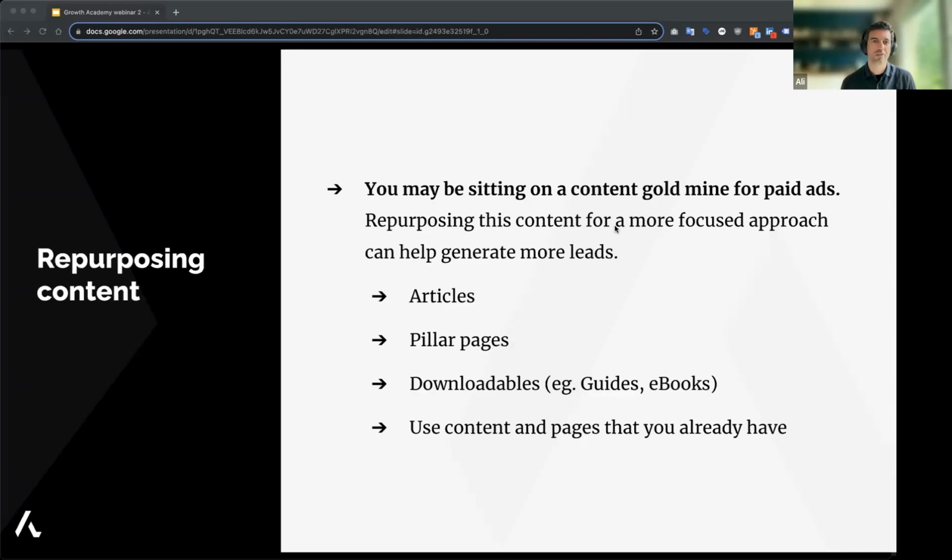You need to spread the word, you need to promote it. And we can use advertising to do this effectively and efficiently in a very short time. So use your pages, use your existing articles, use your downloadables, use your old content by merging it and repurposing, and support them using advertising.